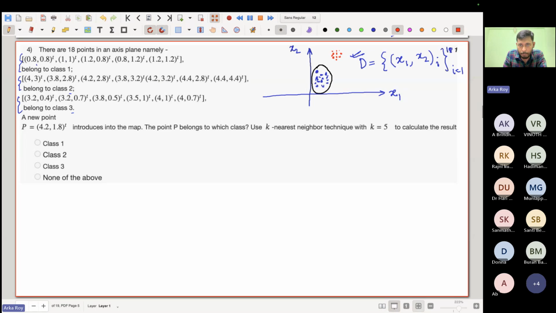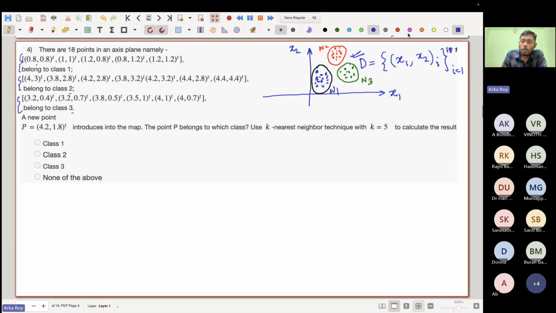So let's say this is class 2, and this is class 3. So this is omega 3, this is omega 2, and this is omega 1.